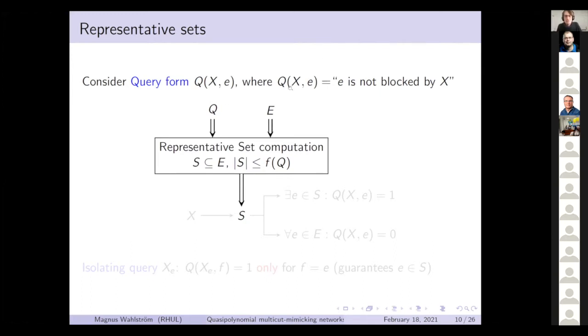It takes two parameters. The reading of Q(X, E) is that the edge E is not blocked by the query set X.